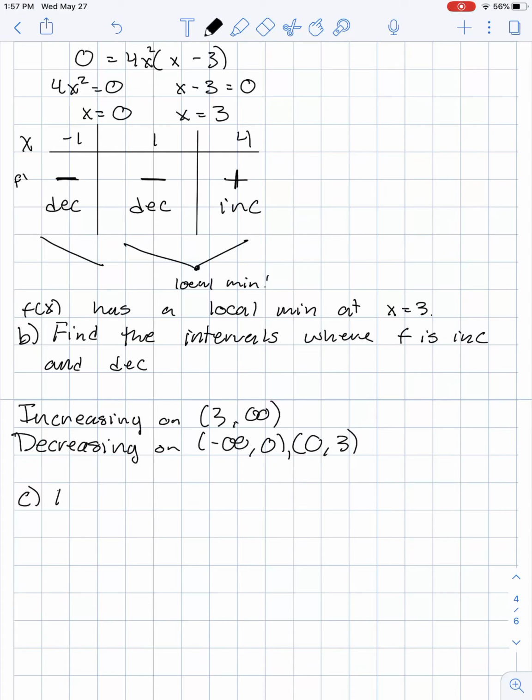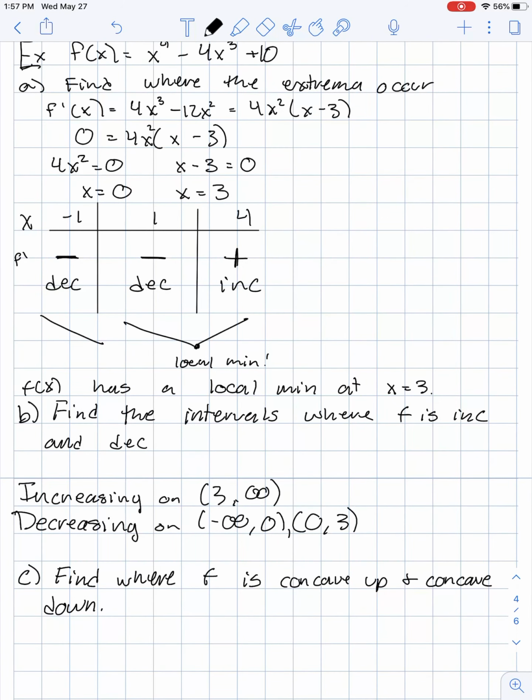And now we're asked to find where f is concave up and concave down. Alrighty, cool.